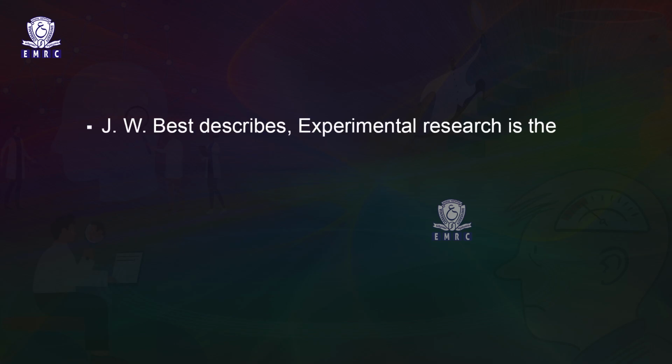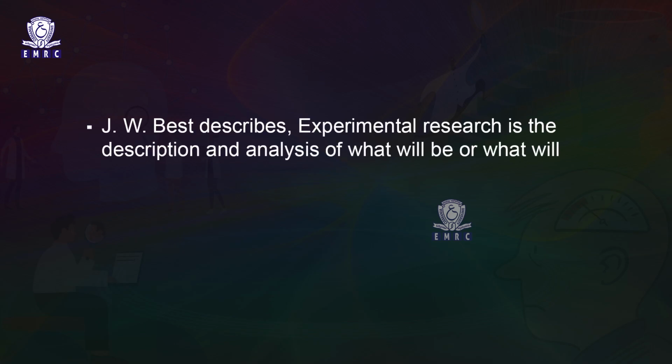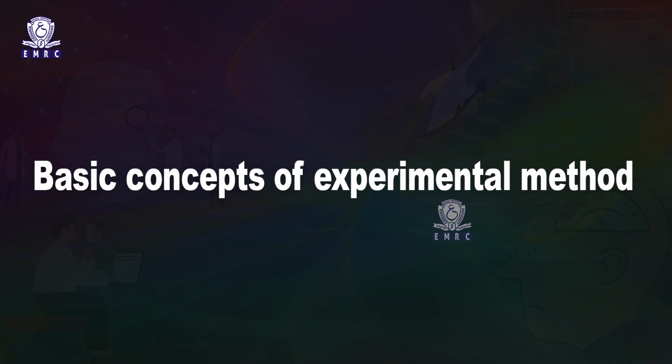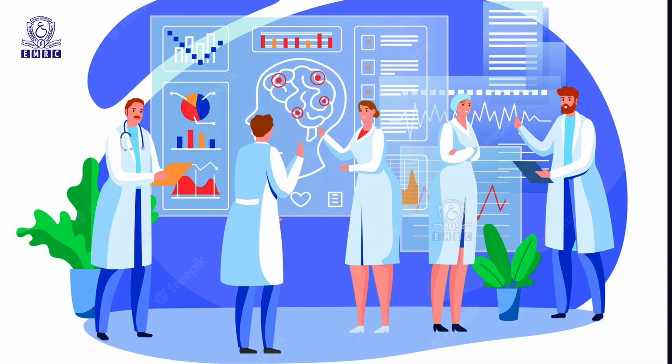J.W. Best describes experimental research as the description and analysis of what will be or what will occur under carefully controlled conditions. Now let us understand what the basic concepts of the experimental method are. First one is, experiments are always conducted in the laboratory. Hence, the lab is very essential.